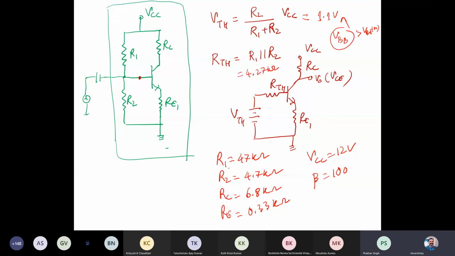So the voltage at the base is now 1.1 volt. And if you've done this simulation with the experiment, try out the simulation using Falstad or LTSpice, you'll get the same thing.